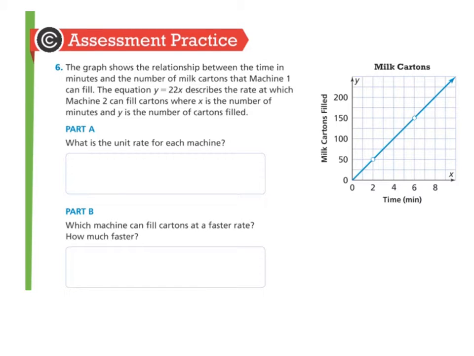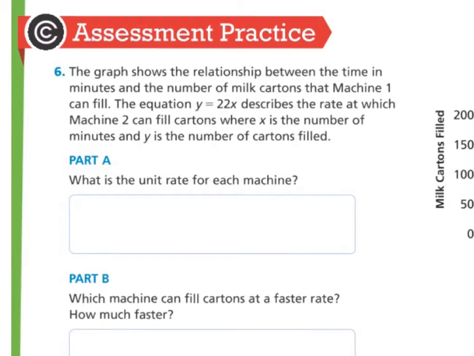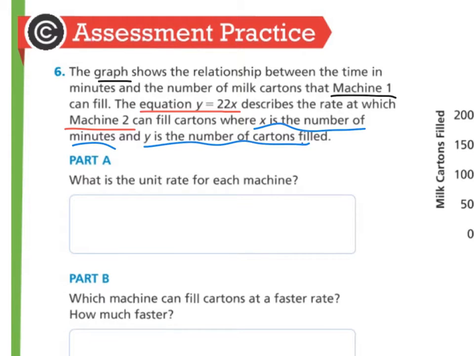Number 6, the graph shows the relationship between the time in minutes and the number of milk cartons machine 1 can fill. The equation y equals 22x describes the rate at which machine 2 can fill cartons, where x is the number of minutes and y is the number of cartons filled. What is the unit rate for each machine?